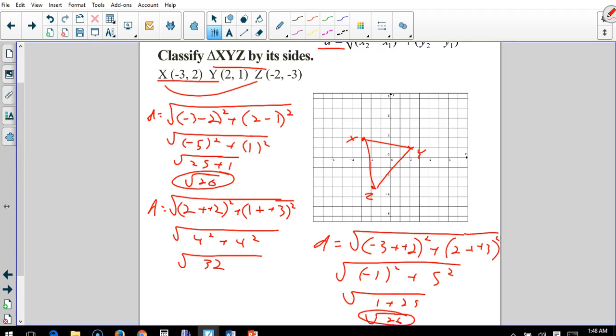So I have the square root of 26, square root of 26, and the square root of 32. So remember, this was xy, this was yz, and this was xz. So that means xy and xz are the same measurement.